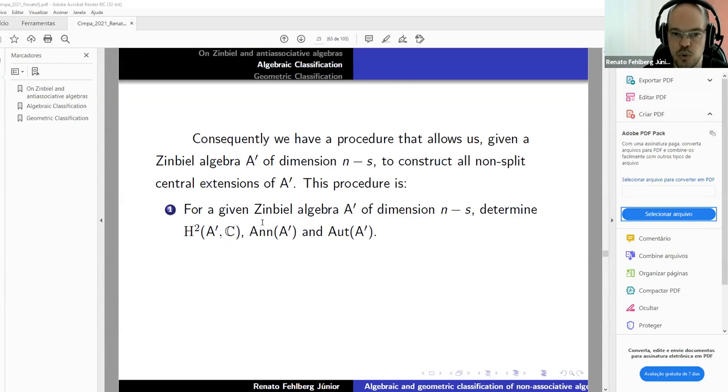The first step will determine the annihilator and the automorphism group of this algebra of dimension n minus s.